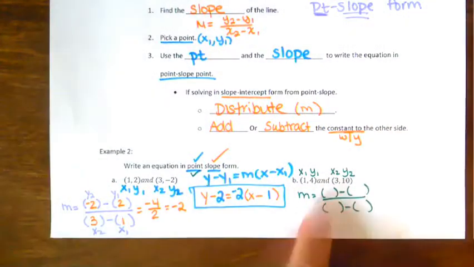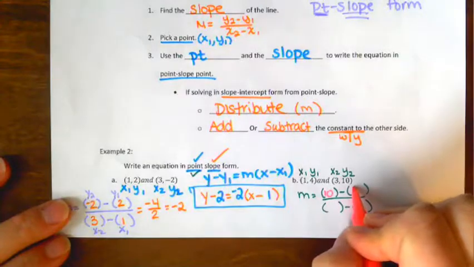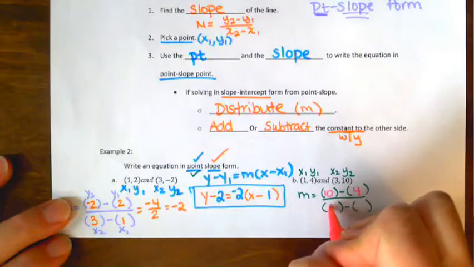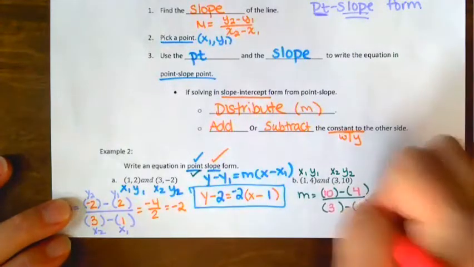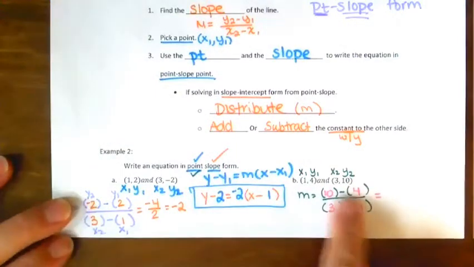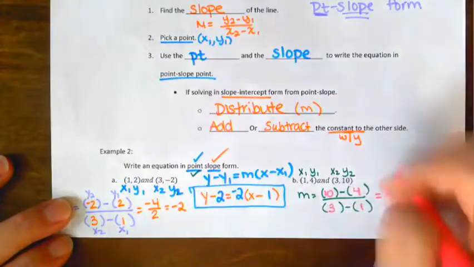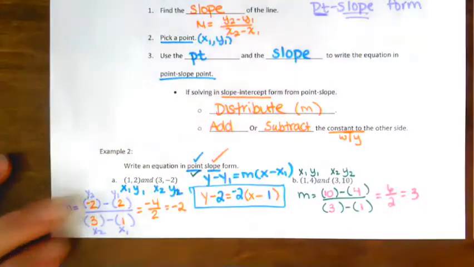All right, what is my y2? 10. y1? 4. x2? 3. And x1? 1. Yep. All right, 10 minus 4 is 6. 3 minus 1? 2. So 6 over 2 is 3.